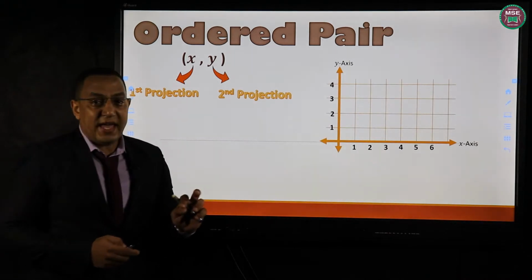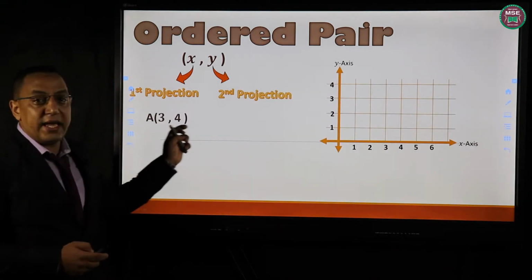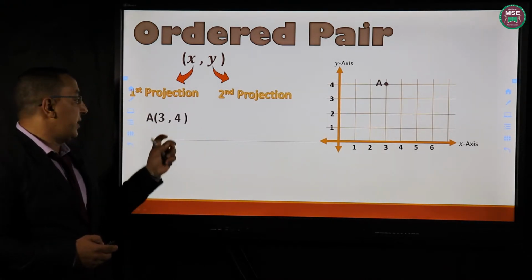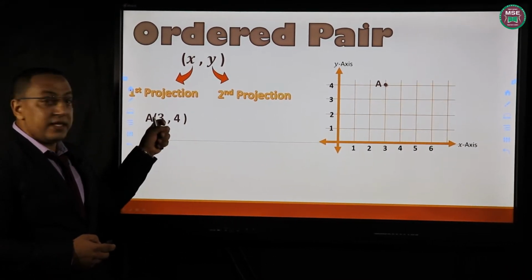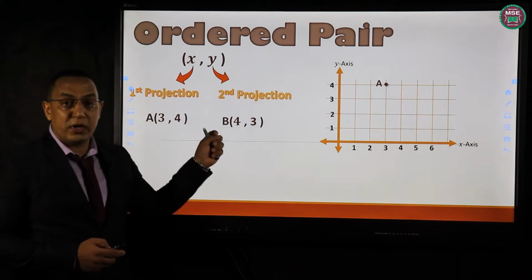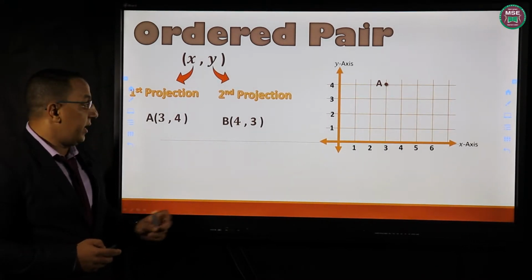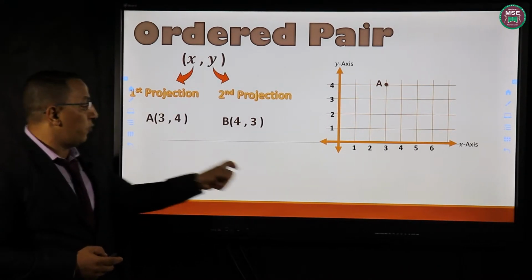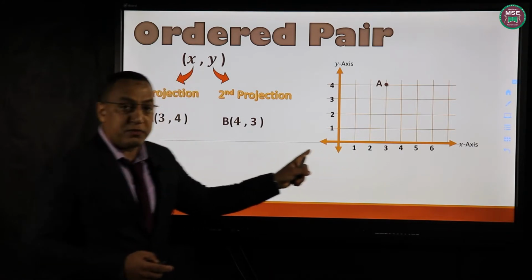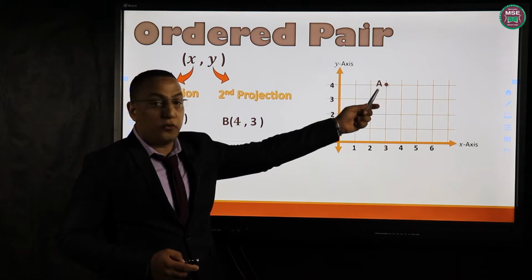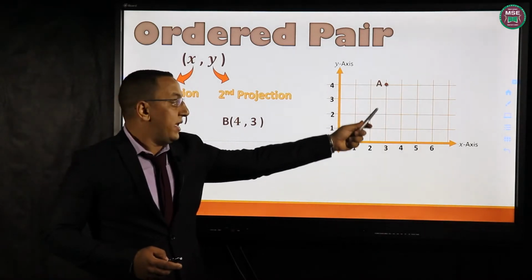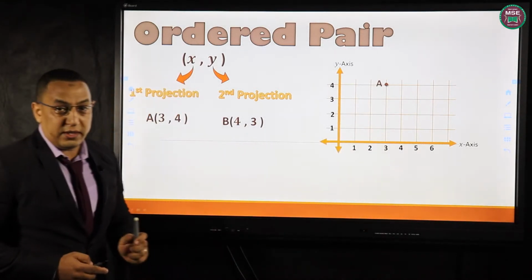Okay, let's say we have a point like (3, 4), and I need to represent (3, 4) graphically. 3 is the x coordinate and 4 is the y coordinate. So (3, 4) is represented here, starting from 0, going to 3 and going up to 4. So the point A is (3, 4).